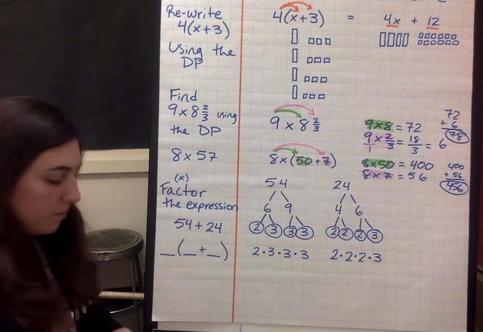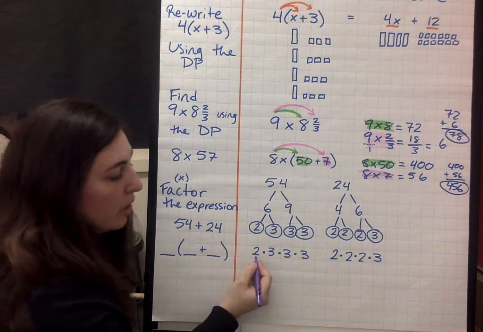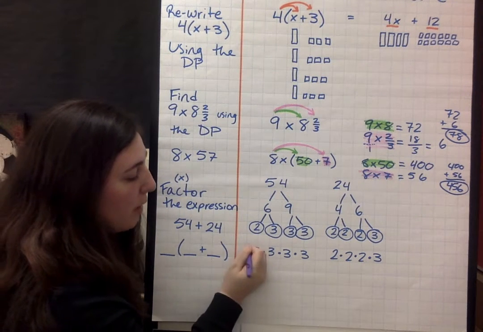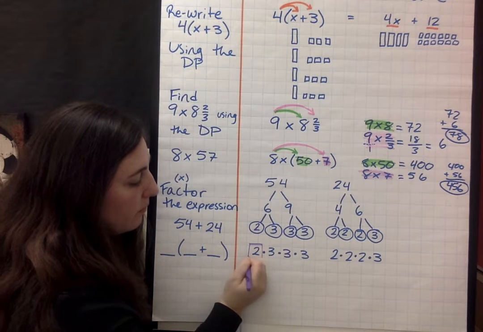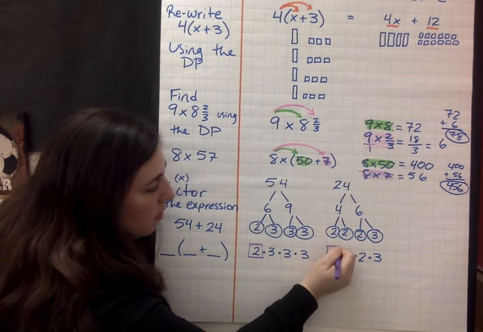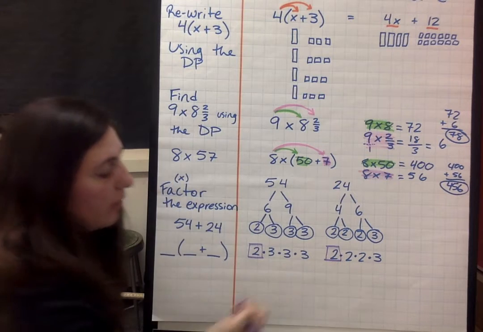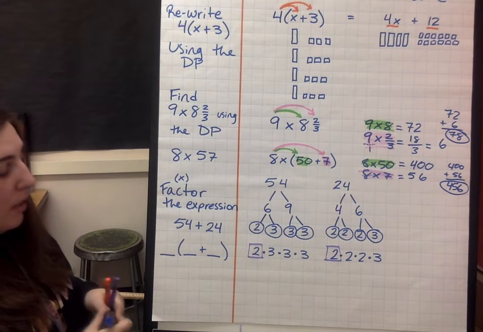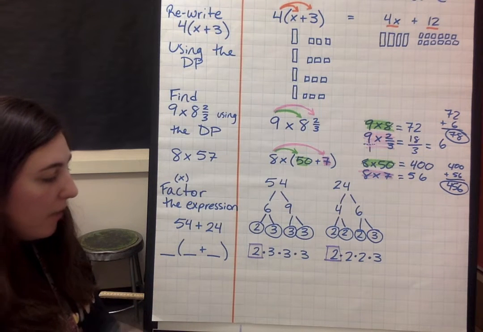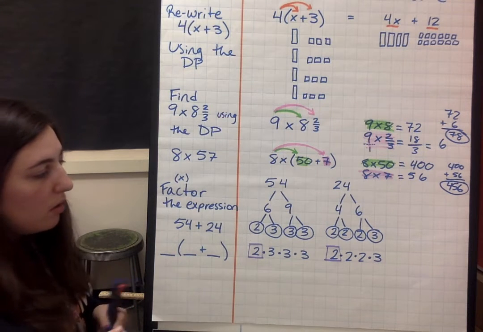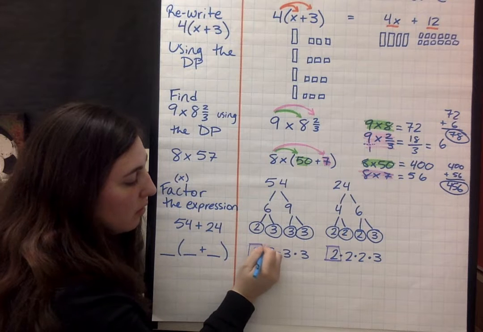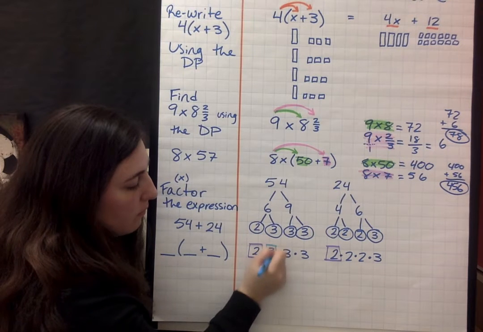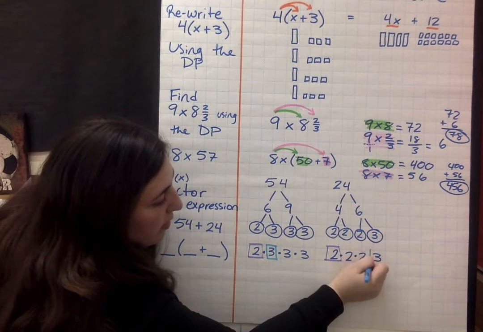Okay, so I noticed that their first two numbers they have in common are 2. So I'm just going to put a box around that. And the other two numbers I noticed that they have in common in order, okay, this 3 matches with this 3.